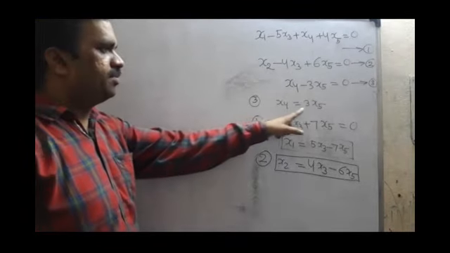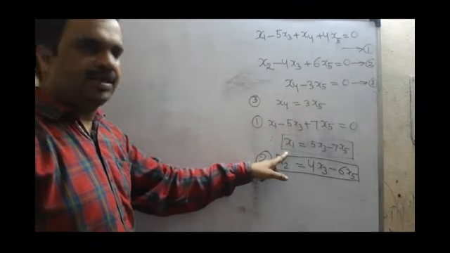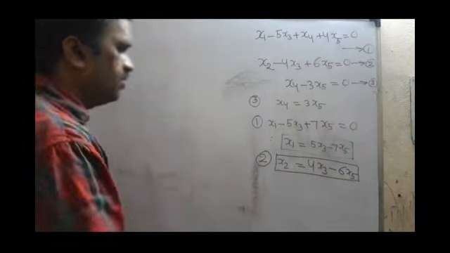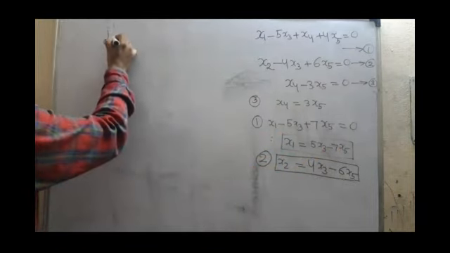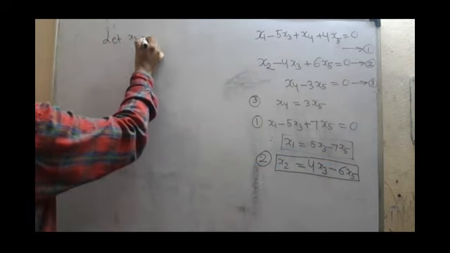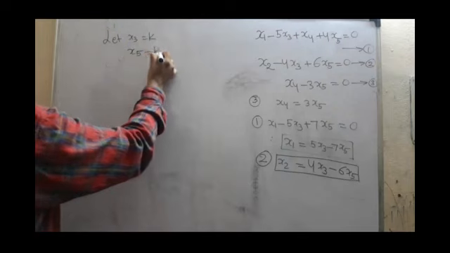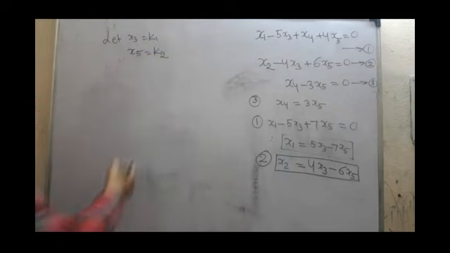So I got x4 in terms of x5, x1 in terms of x3, x5, x2 in terms of x3, x5. So let x3 equal k1, x5 equal k2.